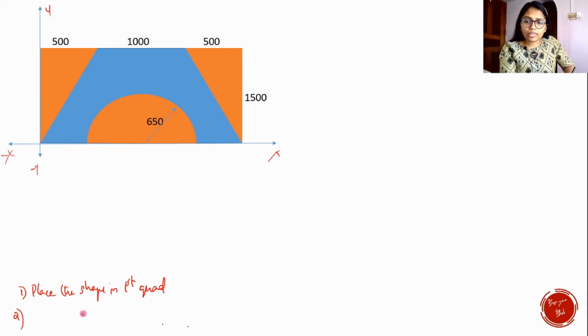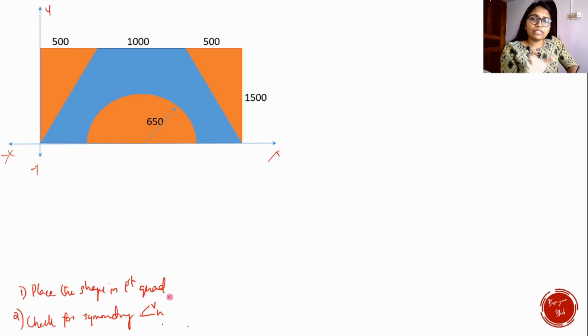Anyway, so I have placed it in the first quadrant, and the second step is to check for symmetry. We have actually vertical symmetry and horizontal symmetry, isn't it? Vertical symmetry means once when folded, the left and right side get overlapped. Horizontal symmetry means when folded horizontally, the up and down sides overlap each other.